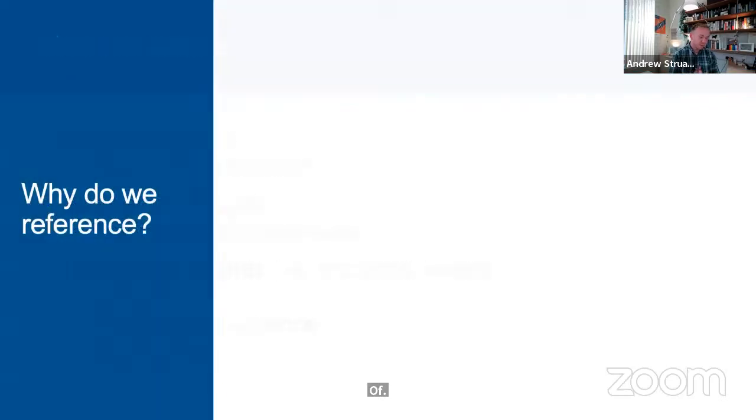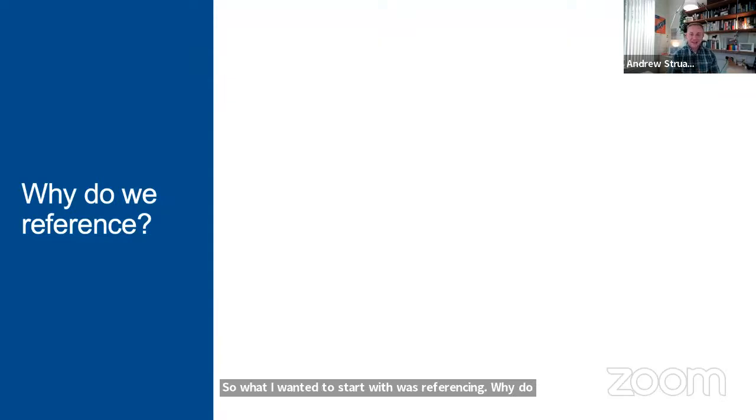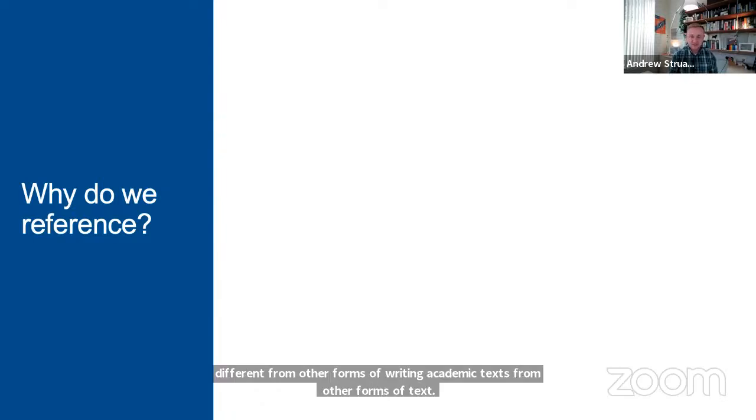So what I wanted to start with was referencing. Why do we reference? You'll know that academic writing is slightly different from other forms of writing. Academic texts are different in that we make use of references throughout the work, so that we reference the sources of our information, and where our ideas come from.